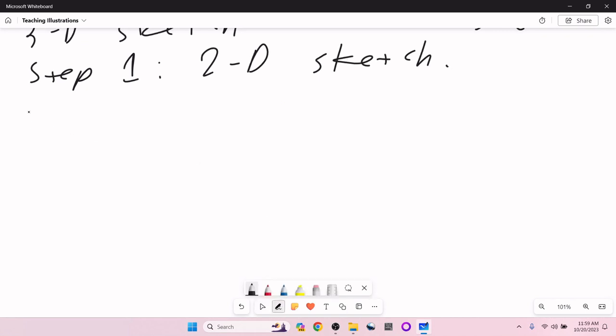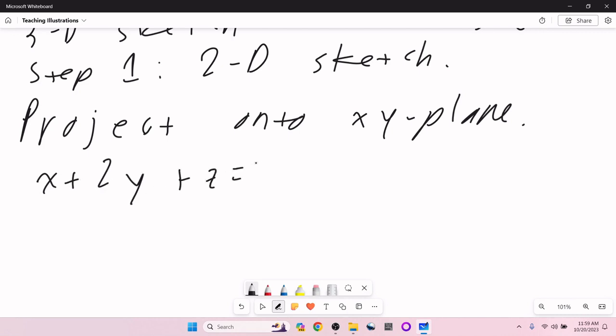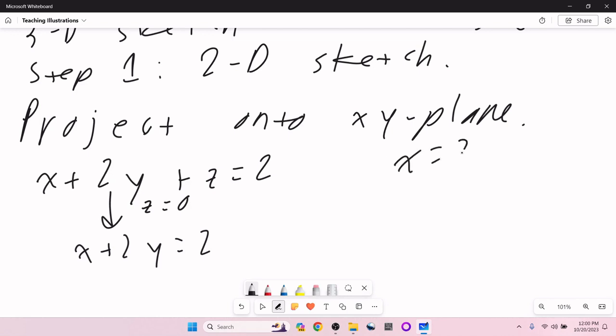So we're going to project onto the xy plane. The function was x plus 2y plus z equals 2. The projection would be z equals 0, because in the xy plane z is 0, so it becomes x plus 2y equals 2. The other function was x equals 2y. Well, that's already got no z in it, so it's already projected.